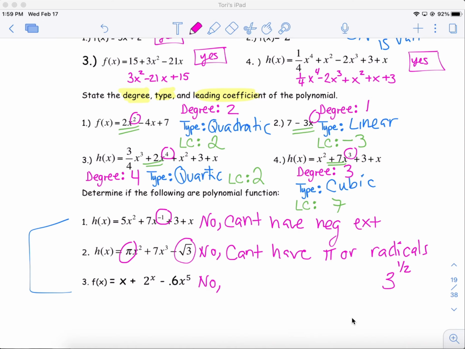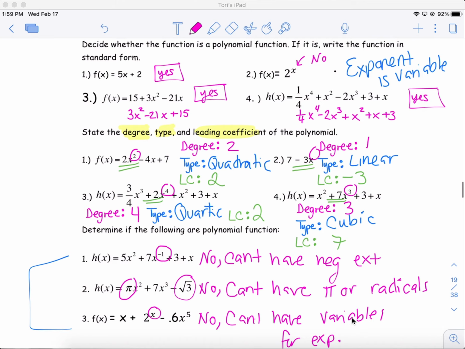Can't have that. And finally, on this last one, we cannot have variables as exponents. Okay. All right, if you need to pause the screen, copy anything down that we just wrote, go ahead. Otherwise, we're going to the next page.